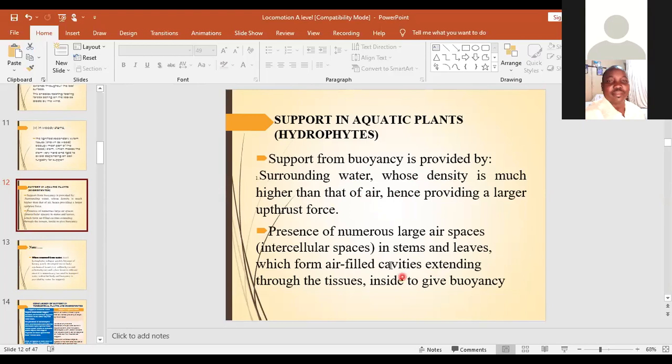And then you will find that in aquatic plants, they have a lot of intercellular spaces, large air spaces in between them. And that intercellular space is usually air filled. And therefore, it goes into their tissue and ensures that there is buoyancy. Buoyancy means that they're able to float, they're able to move with the water current without getting distorted or broken down in any way.